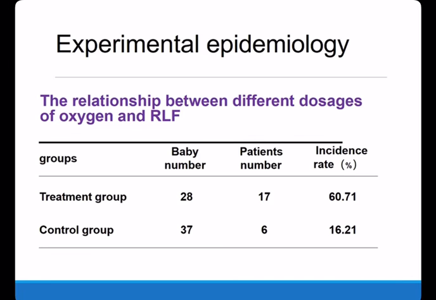In the treatment group with 28 babies, they found 17 retrolental fibroplasia patients, corresponding to an incidence rate of 60%, while in the control group it was only 16%. So these results confirmed oxygen as a cause of retrolental fibroplasia.